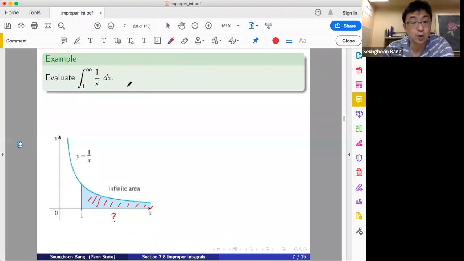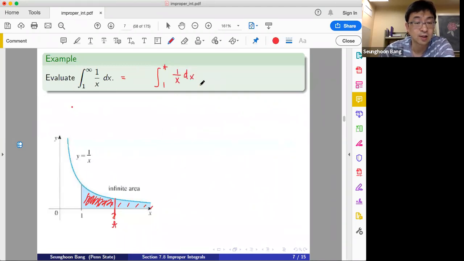We can use this idea. As I said before, replace the infinity by t. Just choose t and cut, and find this area first.